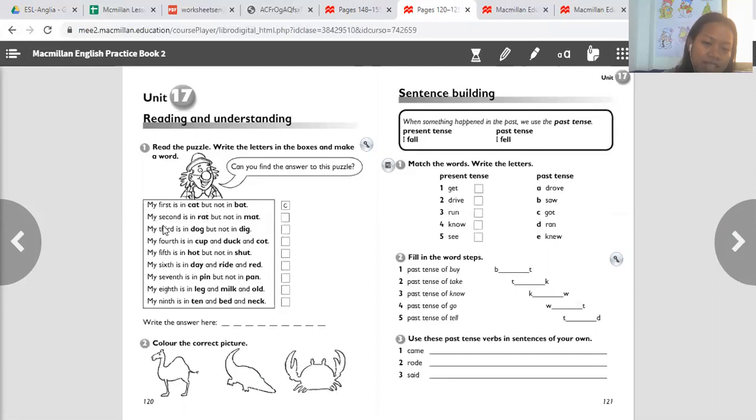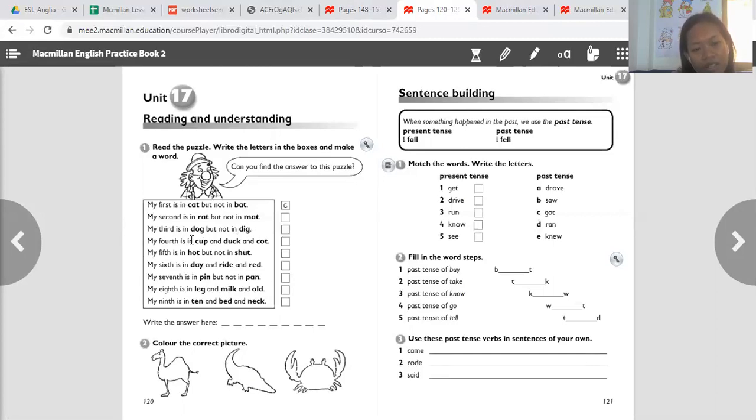So they say my second is in rat, but not in mat. Next, my third is in dog, but not in dig. My third is in dog, but not in dig.